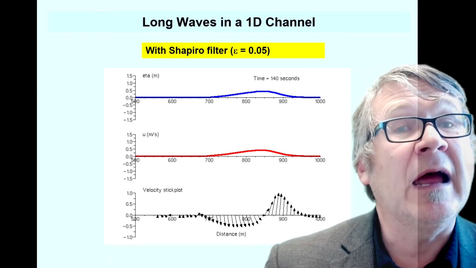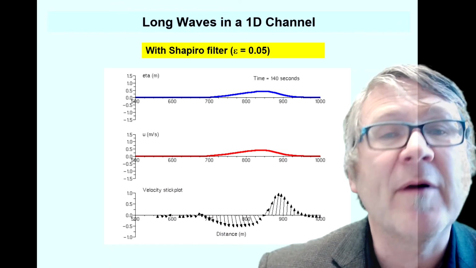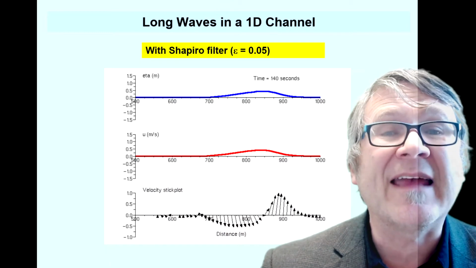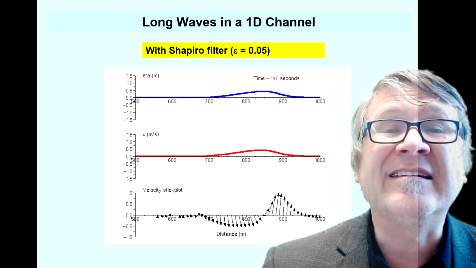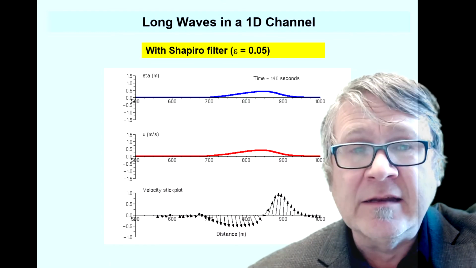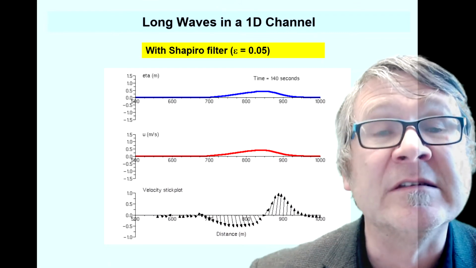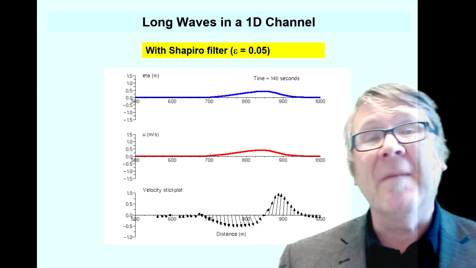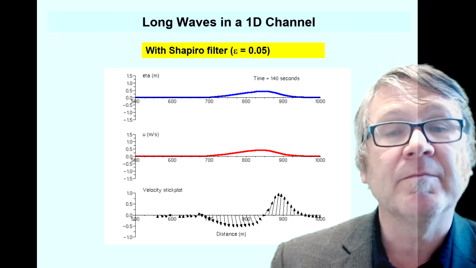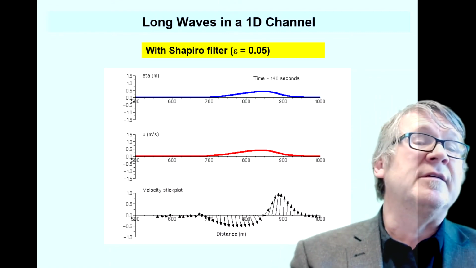As you learned, the wave propagates at a phase speed of square root g times H, so the propagation will be intensified in regions where the wave is thicker, in regions where the water depth is increased. Due to that mechanism, one single wave might separate into two or more single waves. So this is the first example of long waves in a channel.